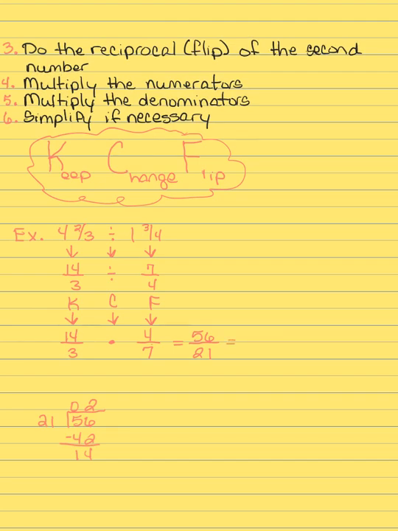So 56/21 is equal to 2 and 14/21. However, we can simplify 14/21 by dividing both numbers by 7, and that will give us 2 2/3.